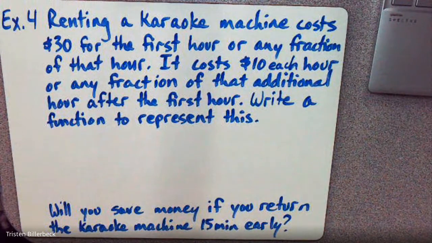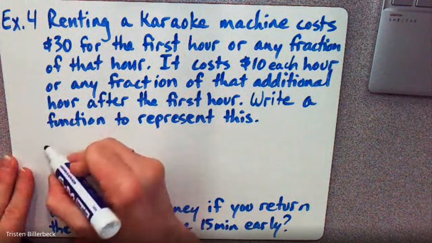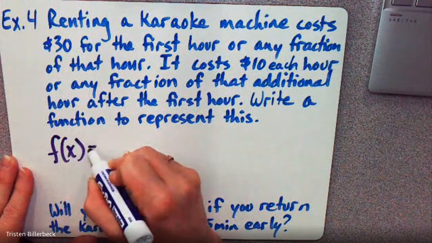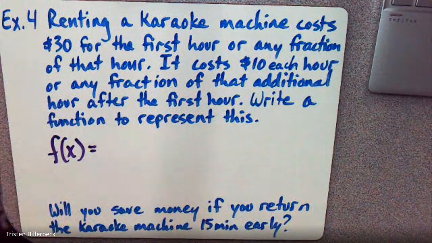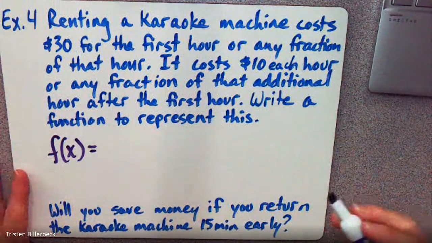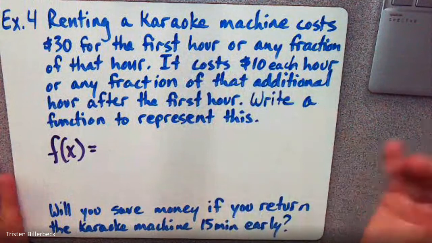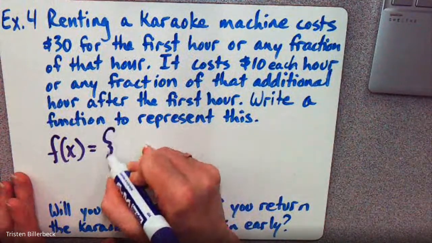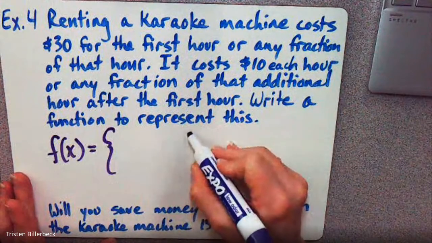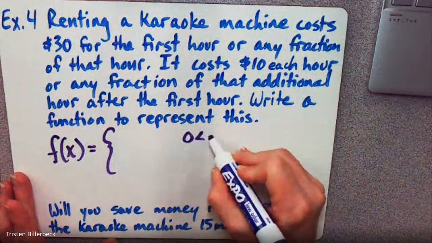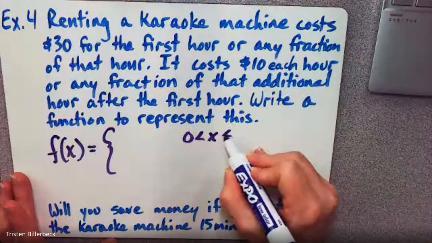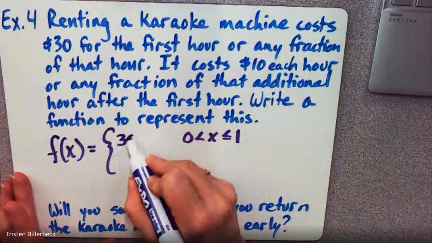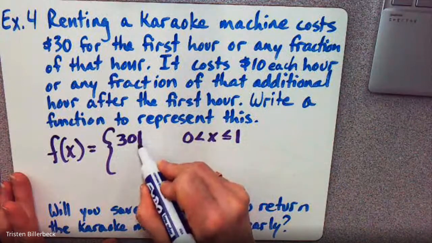Okay, so we're going to start with the first hour. So we have f of x equals, and we are going to write, so we have $30 for the first hour, or any fraction of that hour. So that means for this restriction of 0 is less than x is less than or equal to 1, we are going to pay $30, and we're going to put a ceiling function on that.